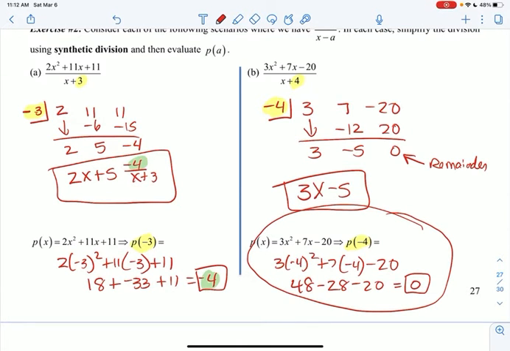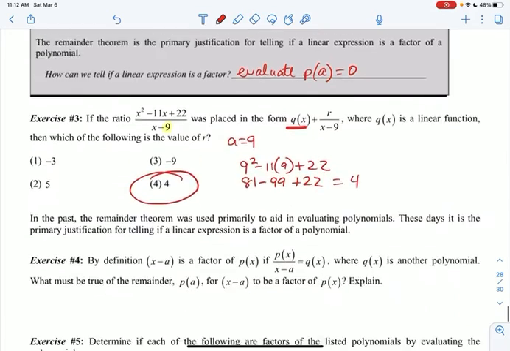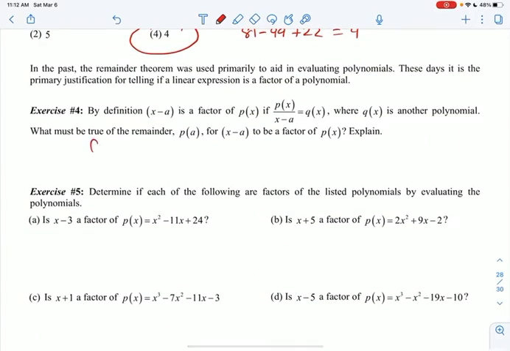P of negative 4 was 0. Okay, so for x minus a to be a factor, the remainder p of a must equal 0.